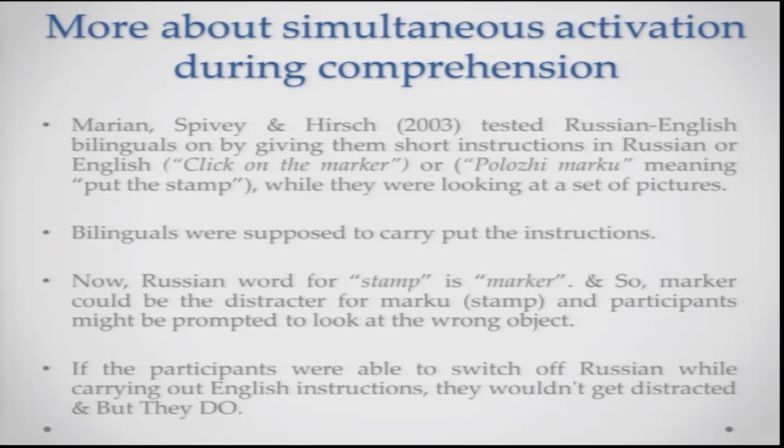Now, they were either given an instruction in English saying click on the marker, or they were given an instruction in Russian saying poloji marku. The idea is that as soon as they are listening to click on the marker, marker till mark is a very close phonological neighbor of marku, which is the stamp. A lot of the time they would be looking at the stamp as well.